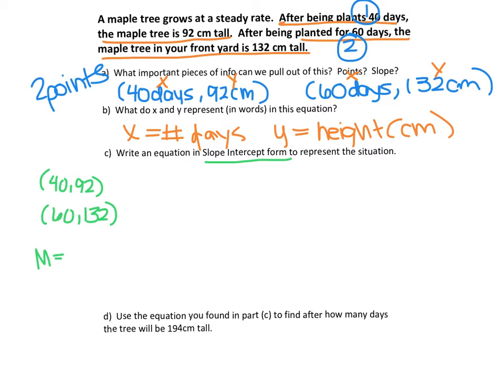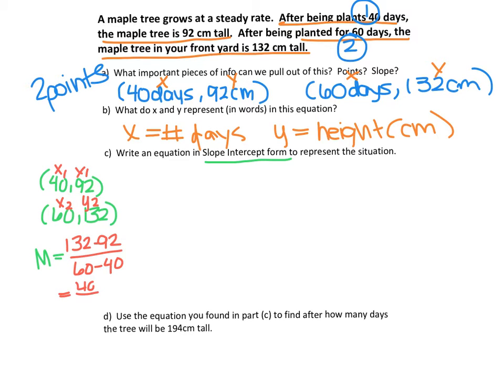So here we start and we take our 2 points and we label them as x1, y1, x2, y2, and we find our slope. So we have 132 minus 92 over 60 minus 40. 132 minus 92 is 40.